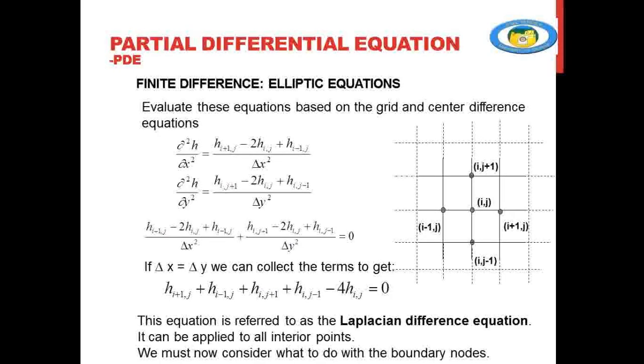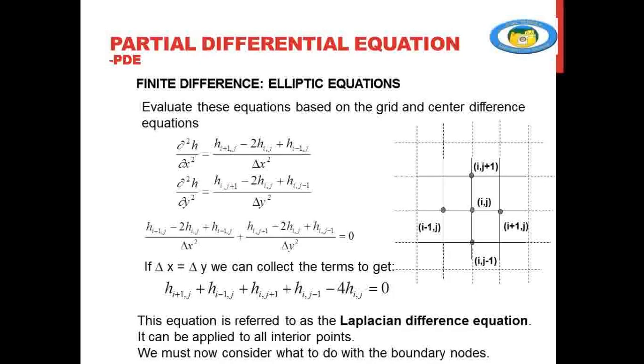Now, also when we say x plus delta x, we say i plus 1. y plus delta y, then we say j plus 1.